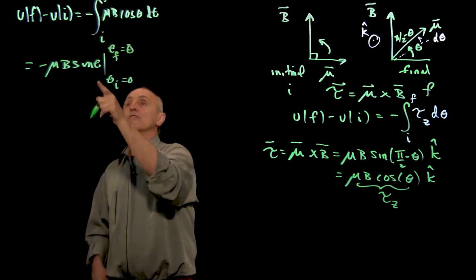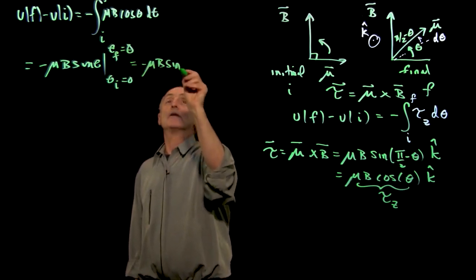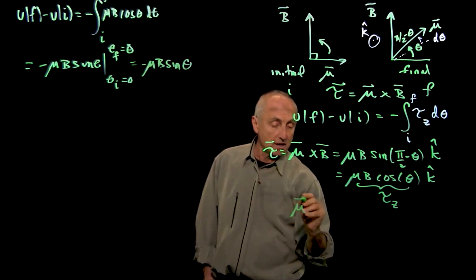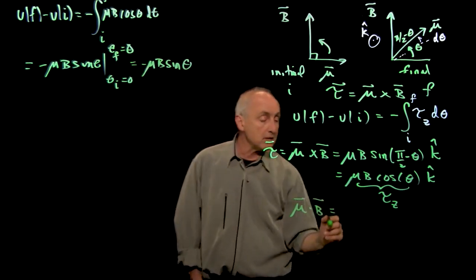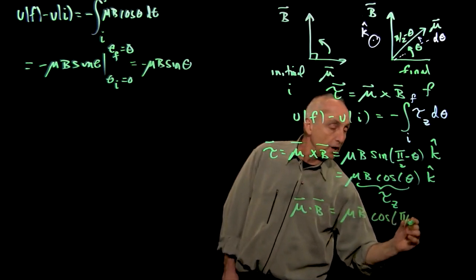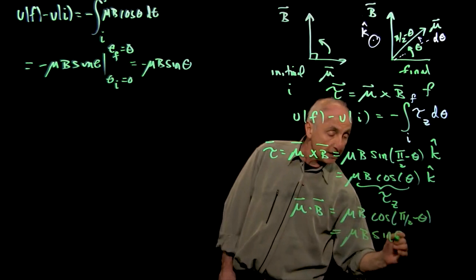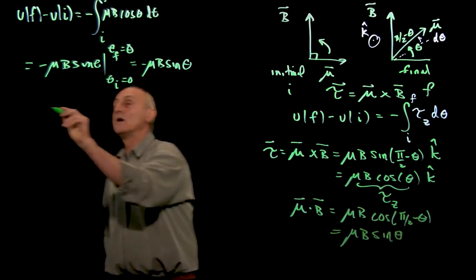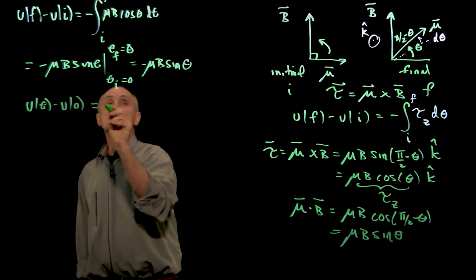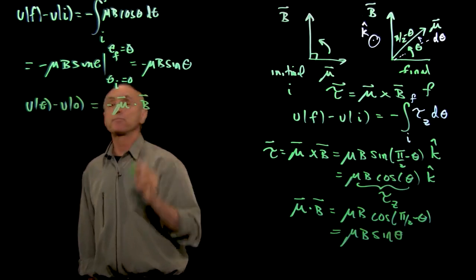The initial sine of 0 is 0, so this is just minus mu B sine of theta. Now, again, let's look at the dot product of mu dot B. That's mu B cosine of pi over 2 minus theta. So that's mu B sine of theta. And so our potential energy difference is minus mu dot B.